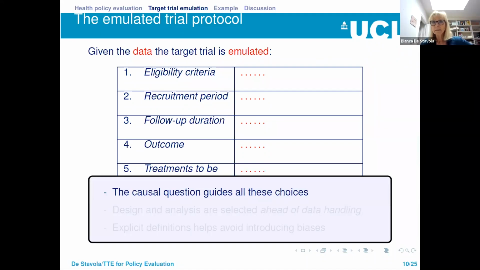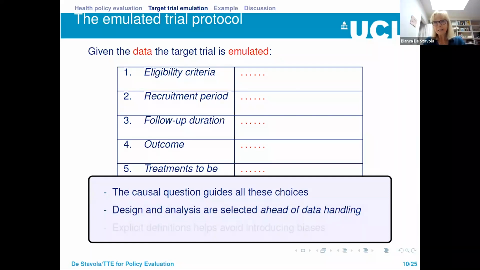By doing this, it's the causal question that's the first thing you ask. It's not, oh, I'm going to use logistic regression with my data once they're linked. You think of the question, and then you design the data gathering and the analysis steps ahead of looking at the data.